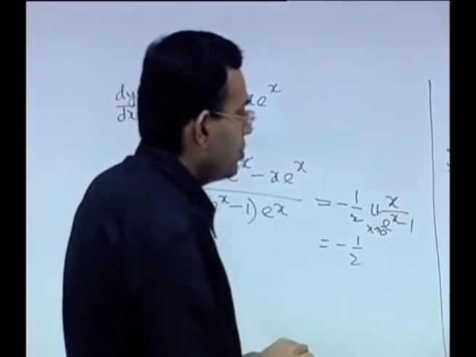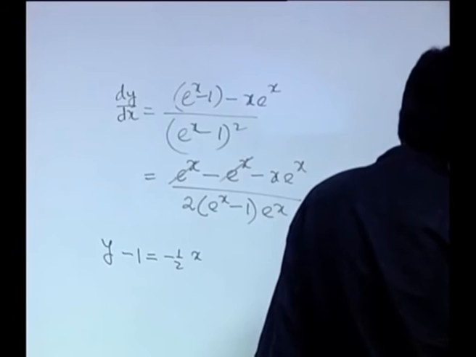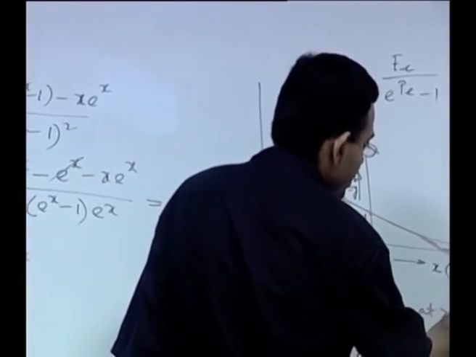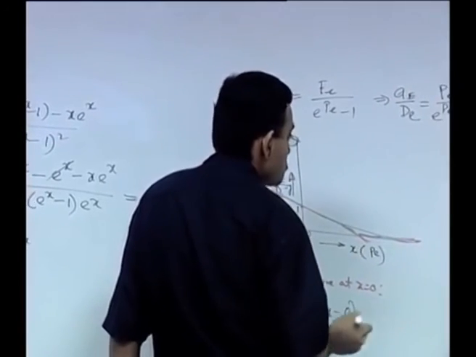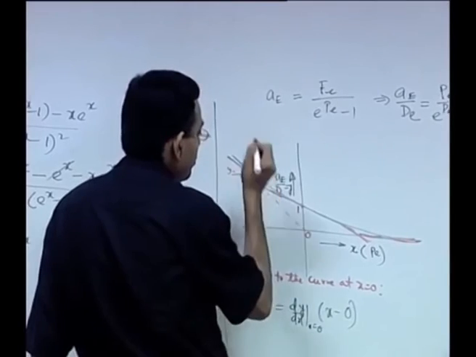So, if we now represent this curve by 3 straight lines, one is this tangent, then the others will be the lines y equal to 0 and y equal to minus x.